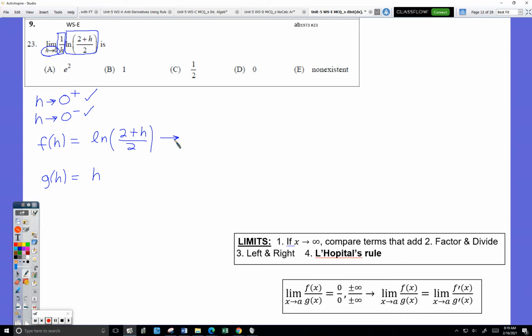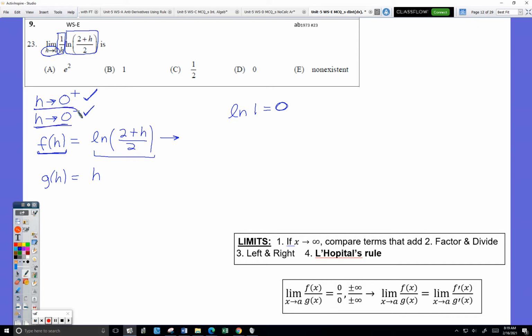Paul? As h gets really close to 0, in either case, this is going to become very, very close to ln of 1. But the natural log of 1 is exactly 0. So we're encountering the same situation as the last problem, where the numerator is getting very close to 0 as h gets close to 0.